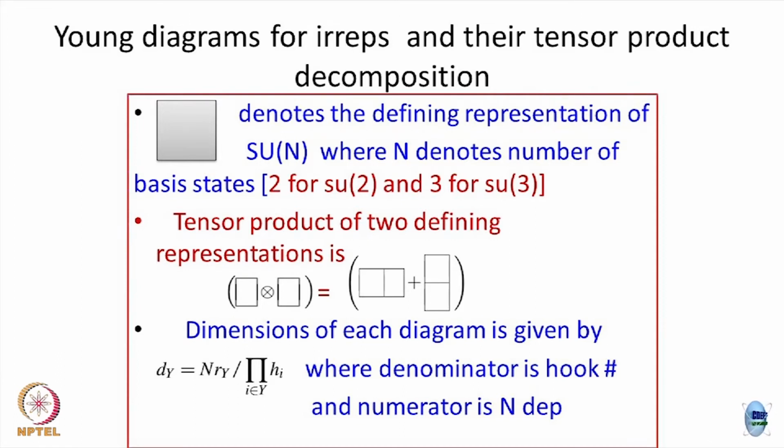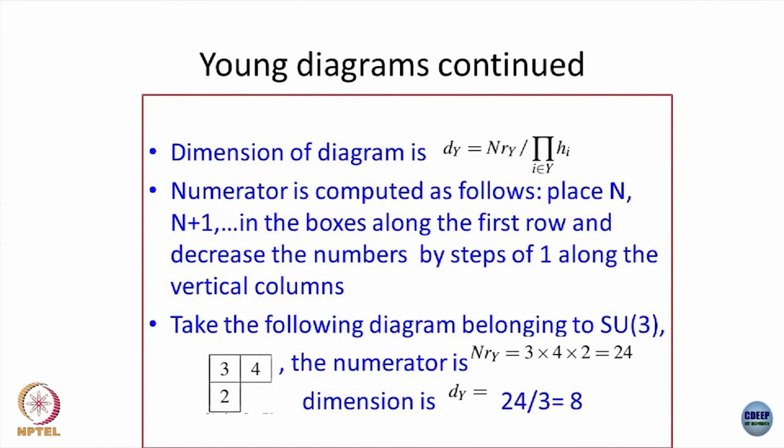Okay. The Hook formula I have also written here. The only modification is that there is a non-trivial numerator, which I explained already. The non-trivial numerator is that you place n plus 1 in the boxes along the first row and decrease the number by steps of 1 along the vertical columns. Okay. And take the following diagram.